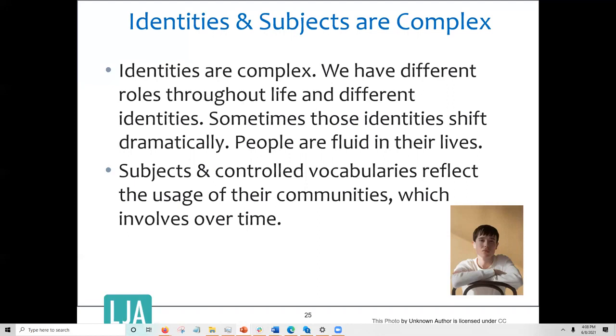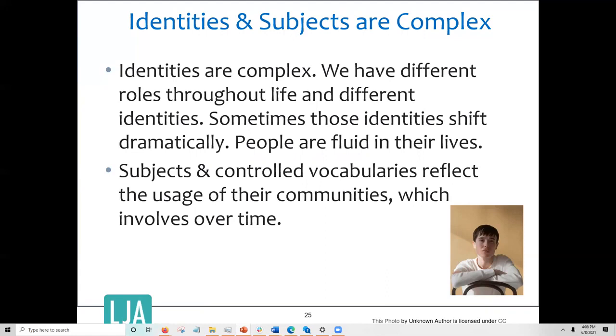We do have different roles throughout our life, different identities. They can be really dramatic when they shift, or of course, they can just change from the time you're a kid to as you get older. So that can make it challenging in terms of metadata. And we'll talk more about that, like I said, next week.